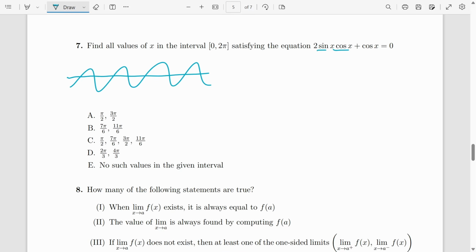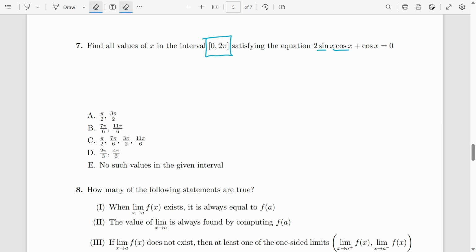So there's going to be an infinite number of x values that correspond to the same y value. So I think we're actually going to have an infinite number of answers here, but the test makers were wise and restricted it to just the x values between 0 and 2 pi. So that's just what we're going to do.